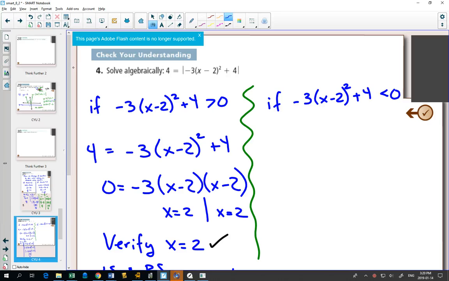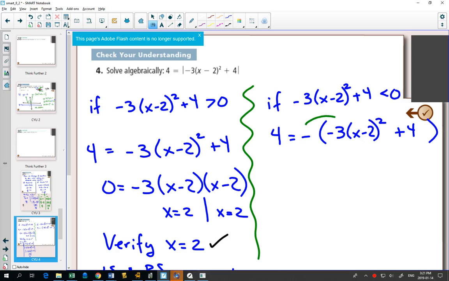The other side, if the inside is negative, then you would have to multiply that whole side by a negative to make it positive. So you would have negative 3(x minus 2) squared plus 4 in brackets with a negative out front.